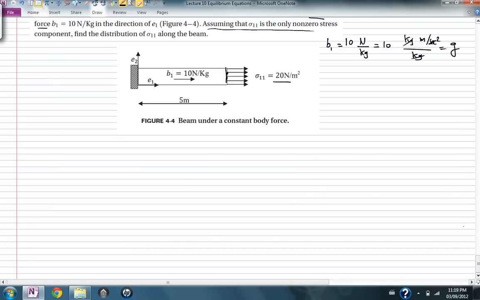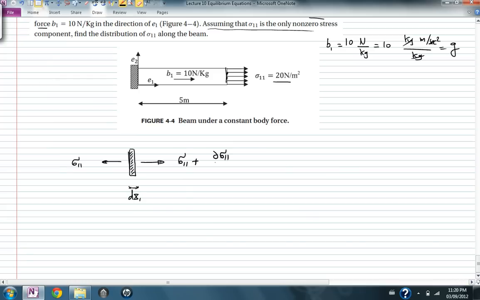And so I'm going to extract this sliver from the material with a width of dx1. This is sigma 1 1. This is the same sigma 1 1 plus a little bit more.